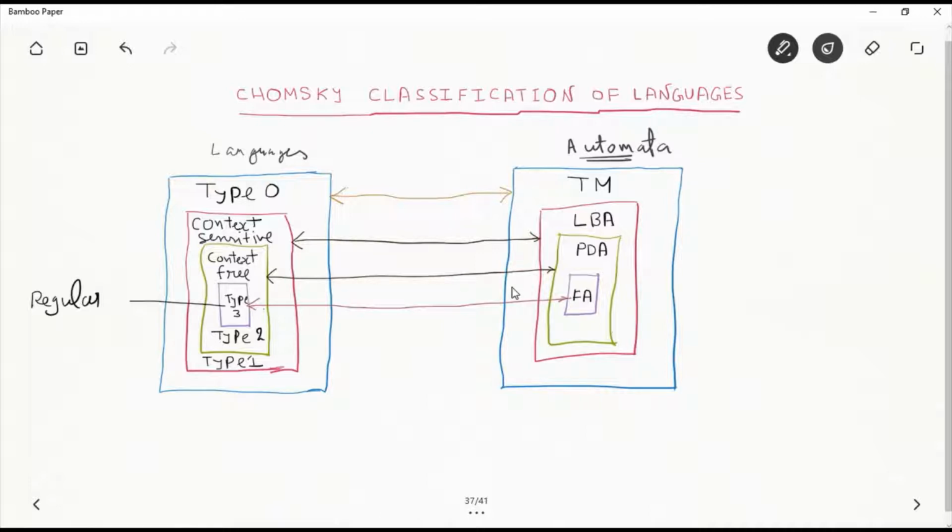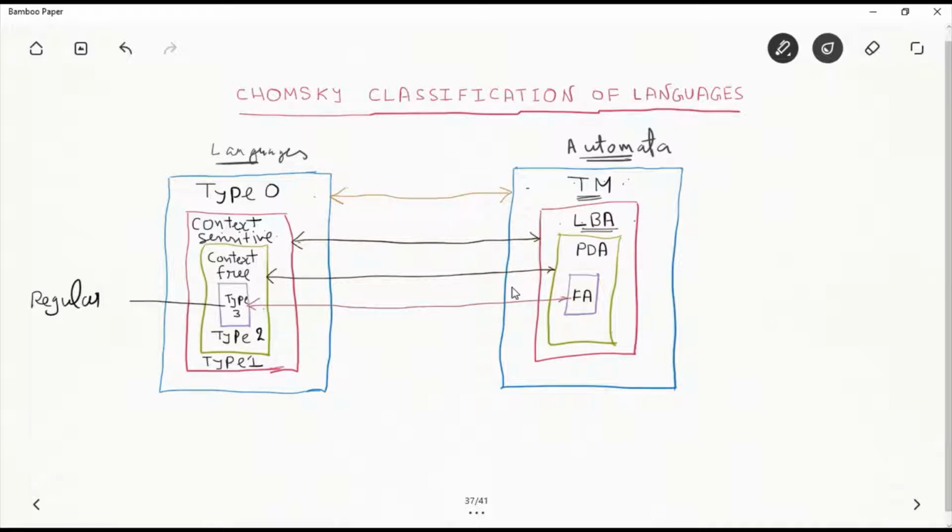Just try to understand. Type 0 corresponding automata is what? It is called Turing machine, TM. In case of context sensitive or type 1, the corresponding automata is called LBA, linear bounded automata.